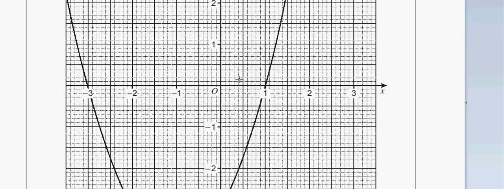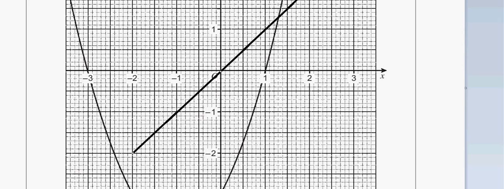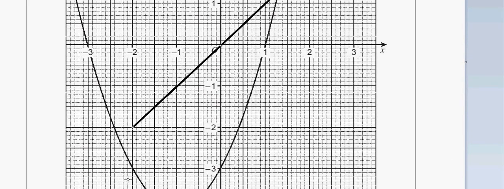So I know that it's going to run through here, and then at 45 degrees from here to here, and let's scroll it down a little bit, and it's going to go from here to here.